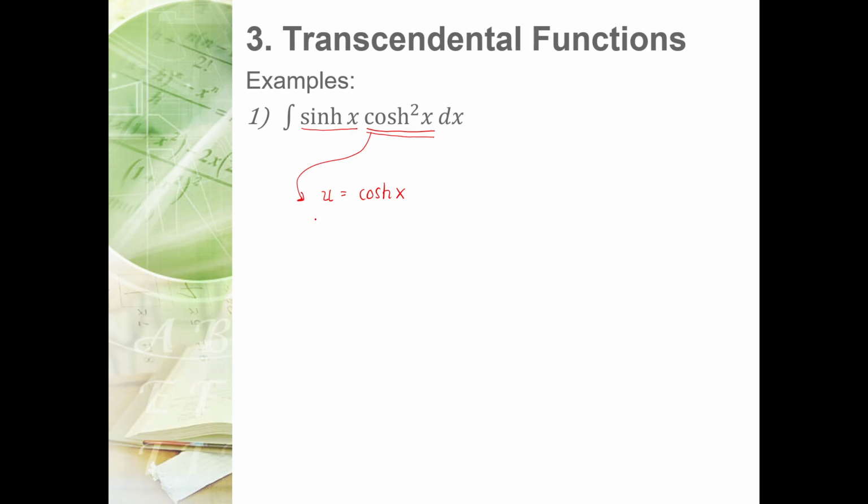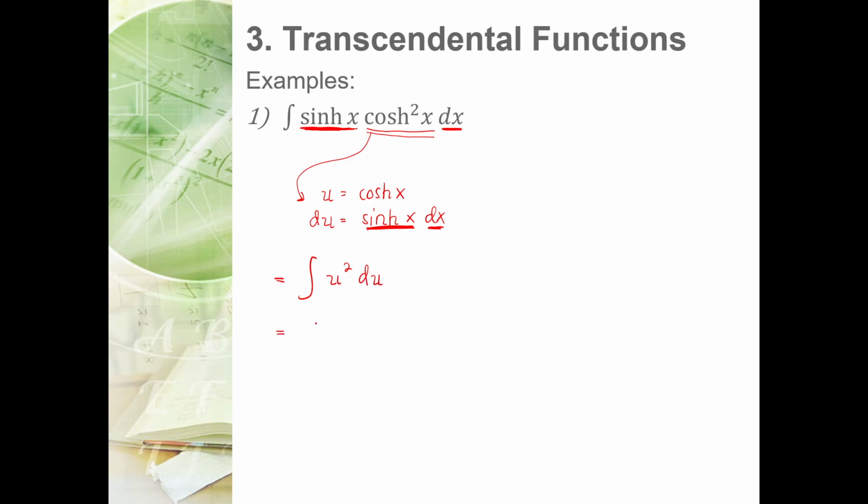Getting the derivative, we have du equal to the derivative of hyperbolic cosine, which is positive hyperbolic sine x dx. So notice we have sine here, sine, then we have dx. So it simplifies into u squared du.